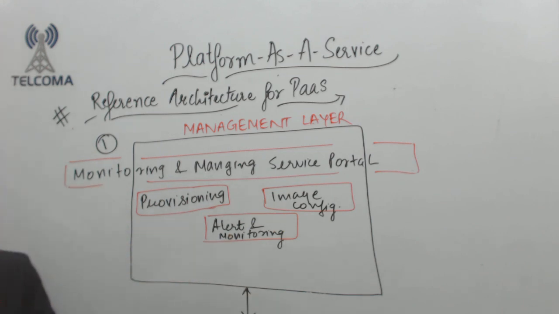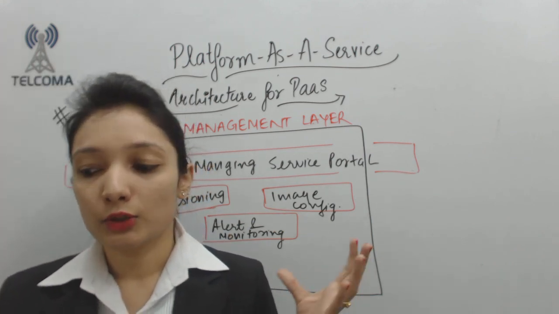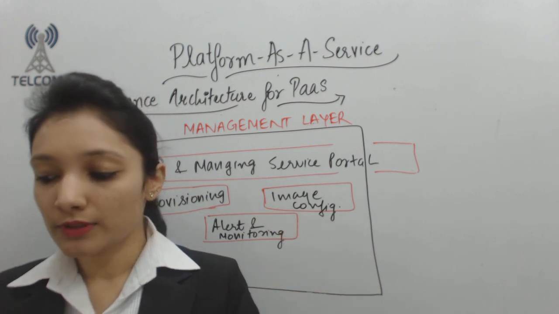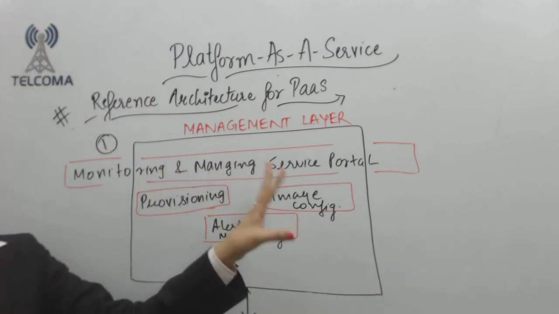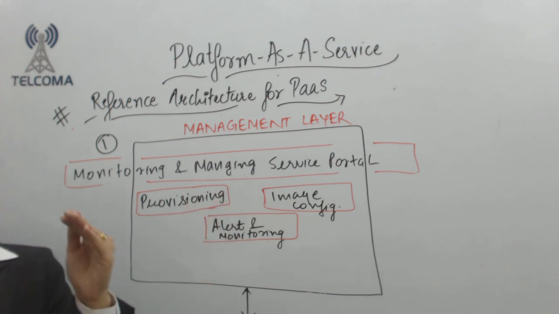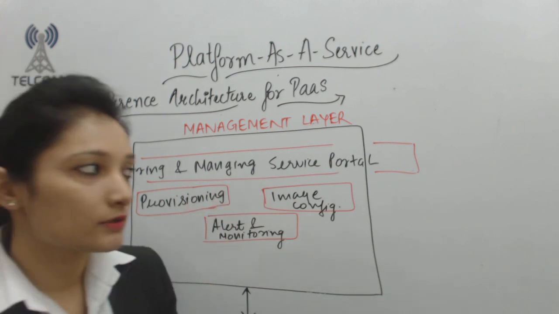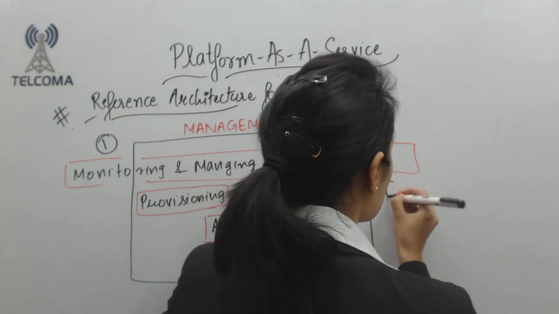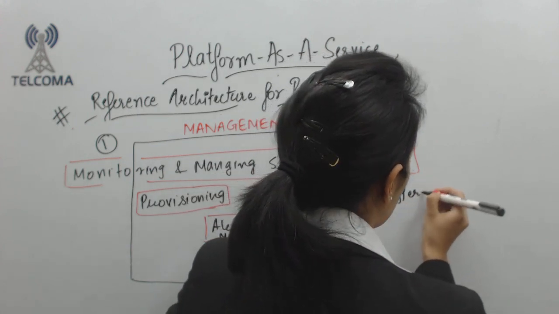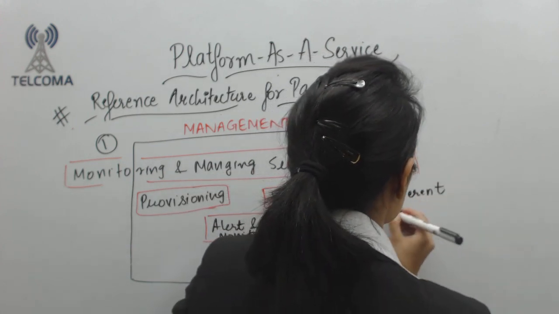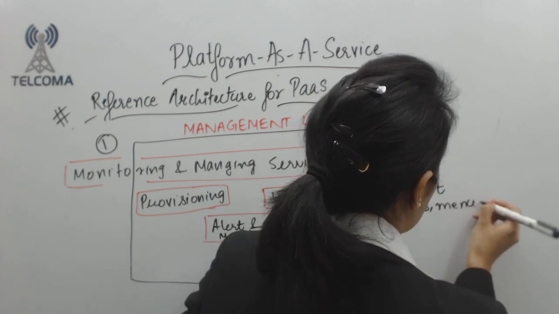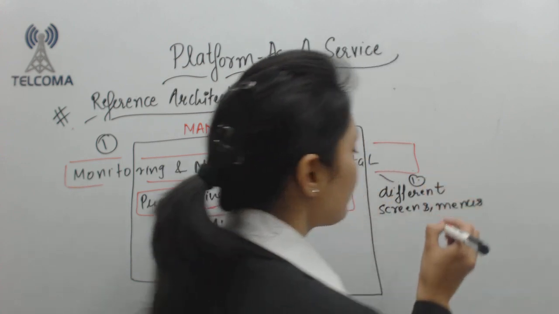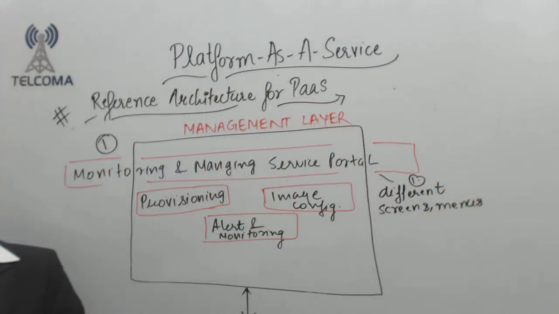This is simply an intuitive user interface with different menus and screens for different roles. It has to manage the various service portals, so it requires different menus for that and different screens for different roles. So for its implementation, it requires different screens and different menus for a simple user interface.